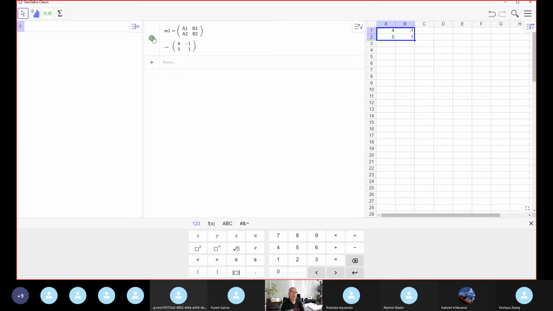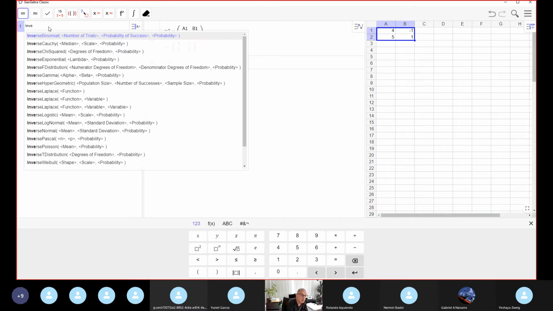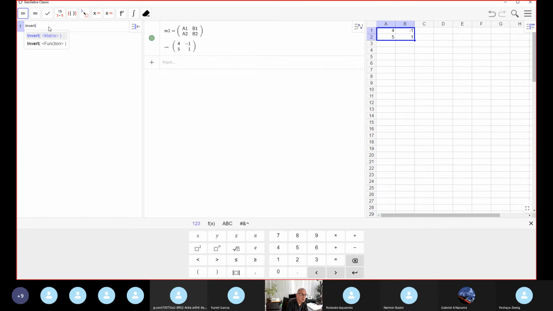And in the input you put invert. The notation is Invert like that. Invert matrix of M1 gives that number. Okay, it's the same number we got.